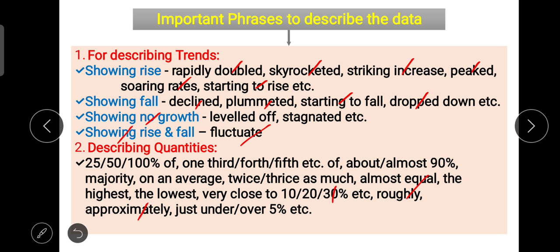Roughly, approximately, just under 5%, just over 5%, 10%, 20%, so on and so forth. We can go on.